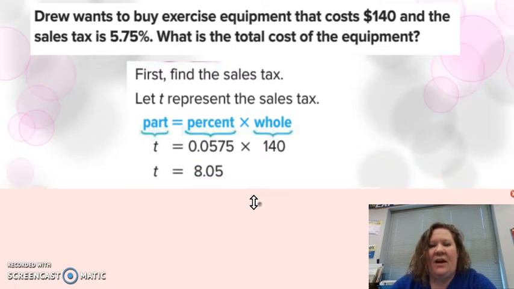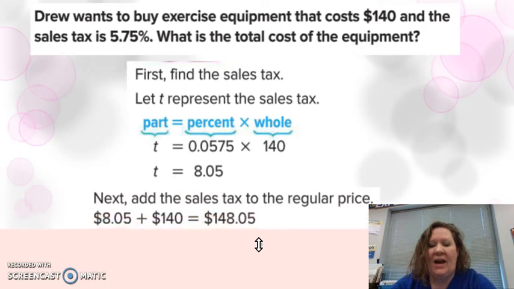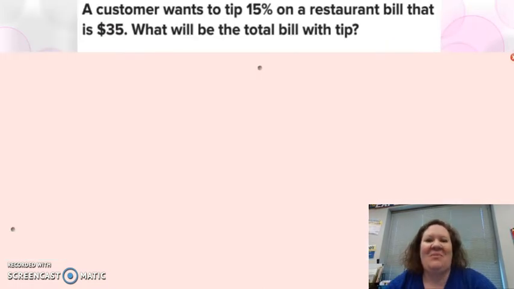We find that the extra money that Drew will need to pay is $8.05. So to find the total cost of the equipment, all we need to do is add the sales tax to the original cost of the equipment, and we get the answer of $148.05.